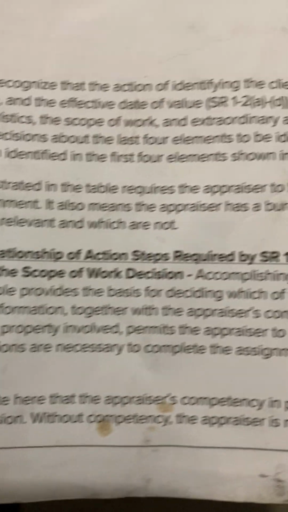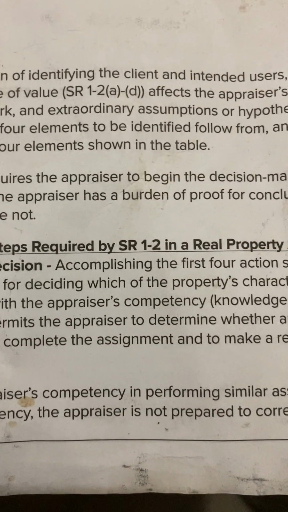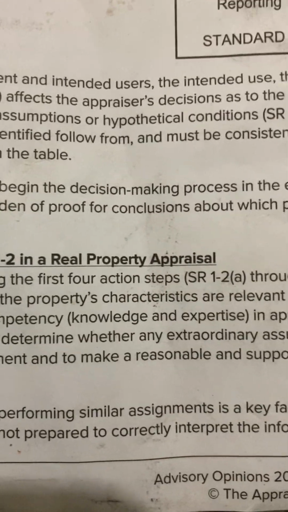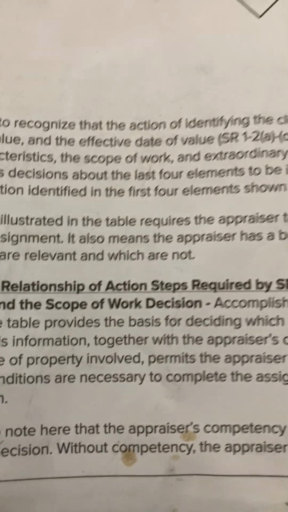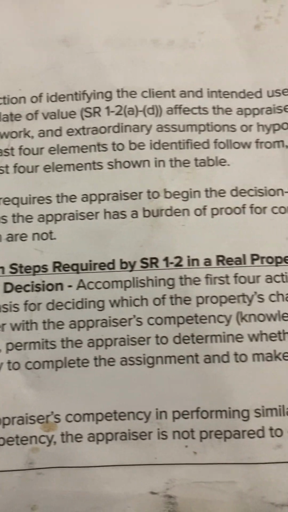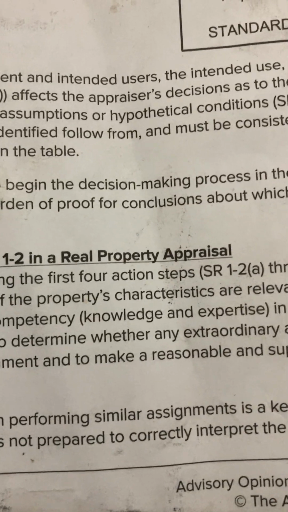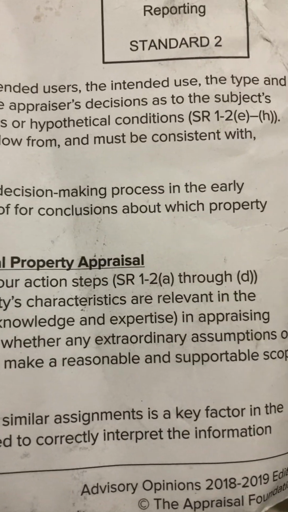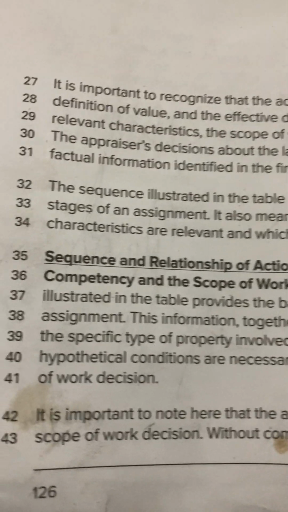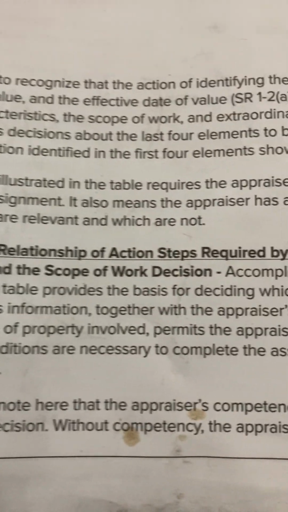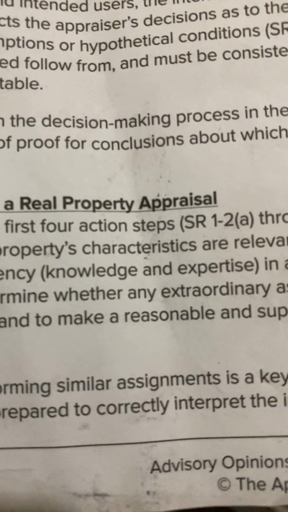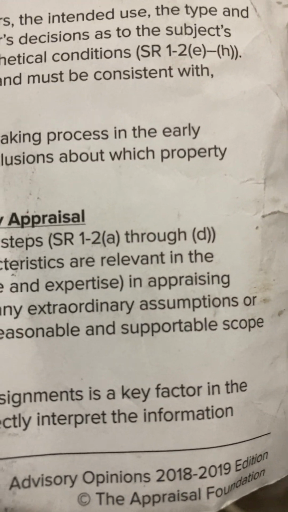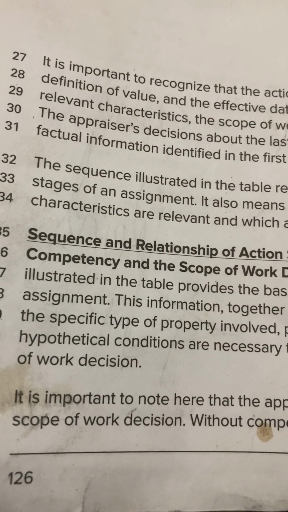This information, together with the appraiser's competency, knowledge, and expertise in appraising the specific type of property involved, permits the appraiser to determine whether any extraordinary assumptions or hypothetical conditions are necessary to complete the assignment and to make a reasonable and supportable scope of work decision.